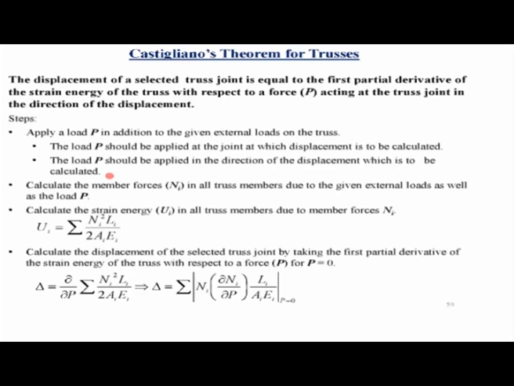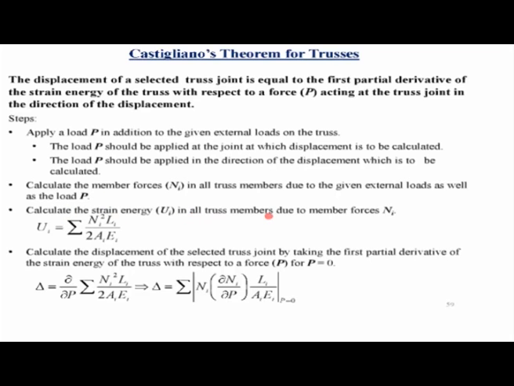Just like the virtual work method where you apply a virtual load at the joint in the direction of the displacement, here you apply a load P instead of a unit virtual load. Then you calculate the member forces in all the truss members due to the external loads as well as the load P you have applied. You don't have to calculate the member forces separately due to the load P and the external loads. You calculate the member forces combined, due to the external loads as well as the load P.